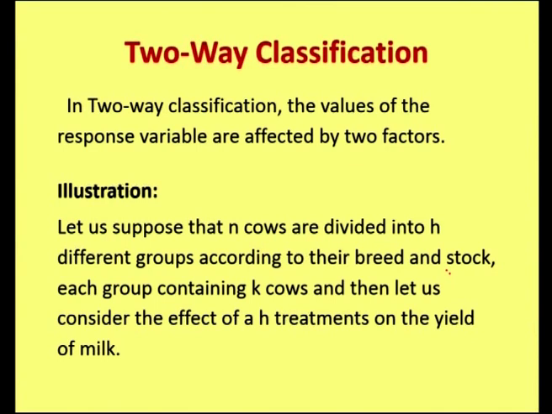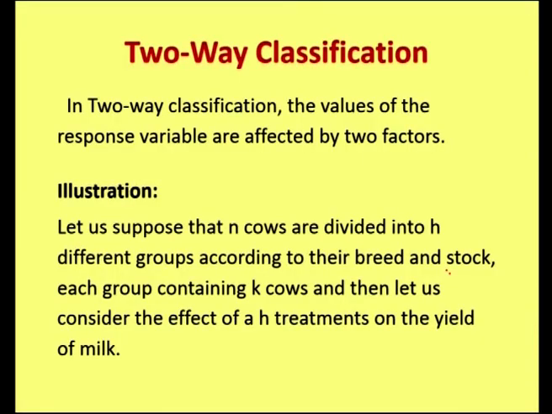Here also we have an illustration, the same illustration with a small modification. We have n cows divided into H different groups according to their breed and stock, each group containing k cows, and let us consider the effect of k treatments on the yield of milk.